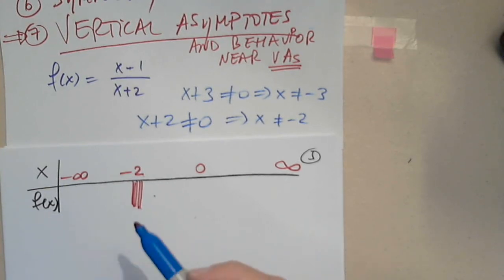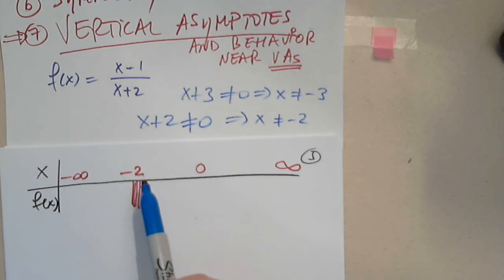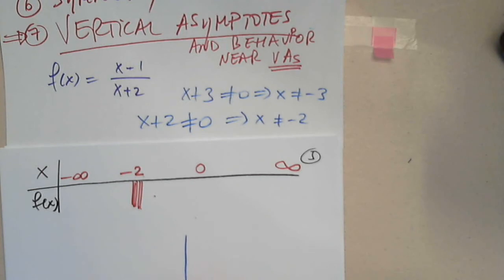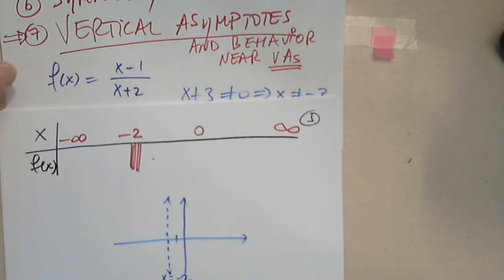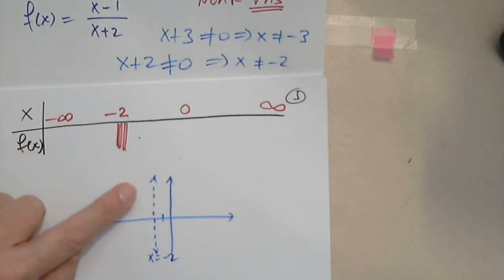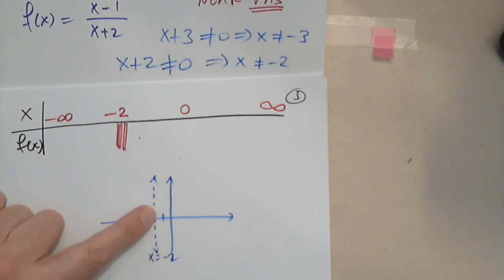Yes? Okay. Well, here's what happens. When a rational function is undefined at negative 2, this line at negative 2 cannot be crossed. So if a rational function is undefined at negative 2, this is a line that the function cannot cross. There is no value there.